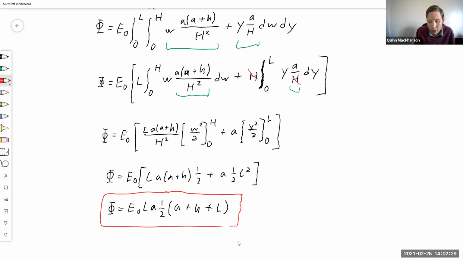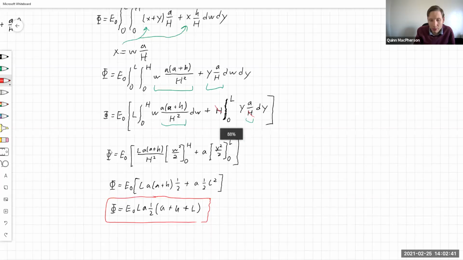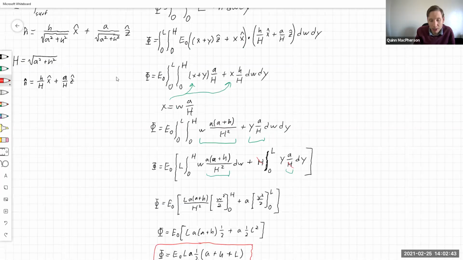Let's do one quick check. The units of this, we have length times length times length, so length cubed, times E naught. But what is E naught? E naught comes from the E equation here.